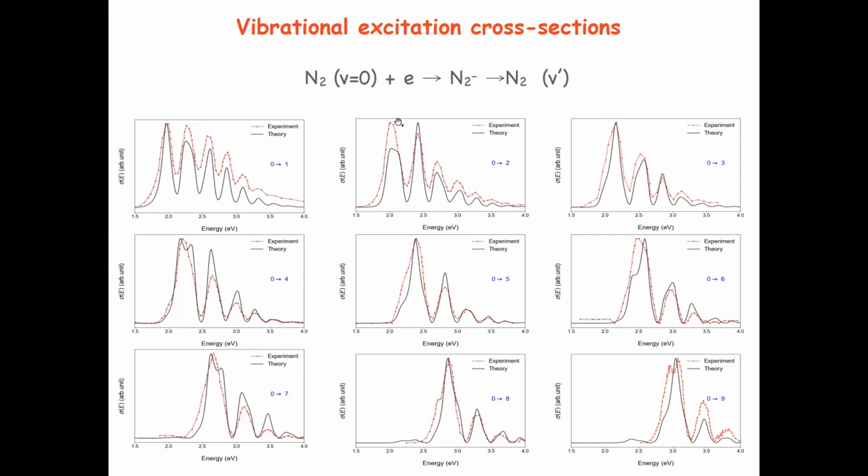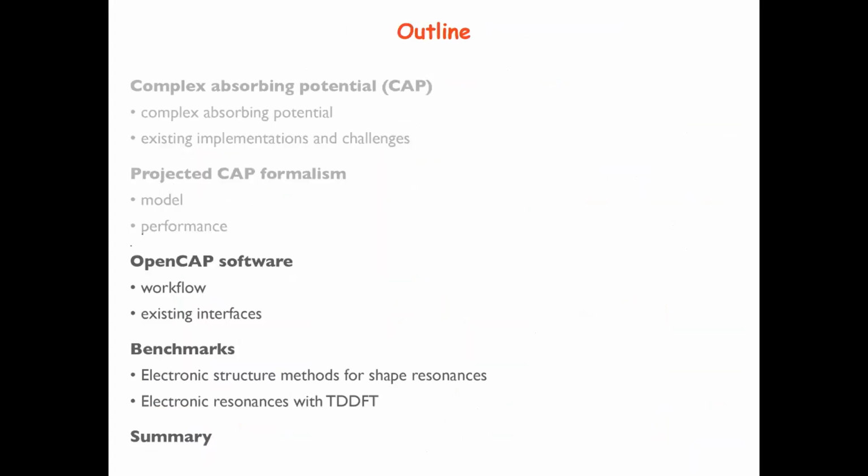It interacts with electrons, so electron impact, and the result is formation of a metastable electronic state and its decay to the ground state, so neutral N2 in different vibrational states. What is shown here are cross sections for this process for different final vibrational states, and we see that we have a pretty good agreement with the experiment. So not just are these potential energy surfaces smooth and self-consistent, they are also of good quality, as confirmed by agreement with experimental data.